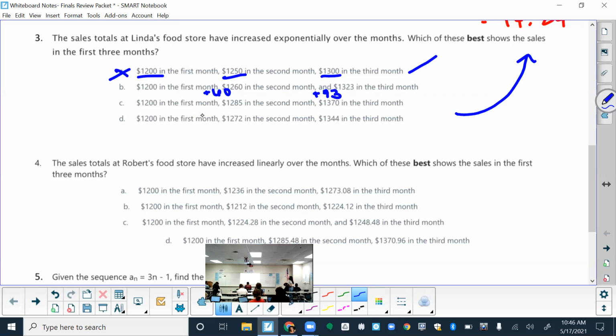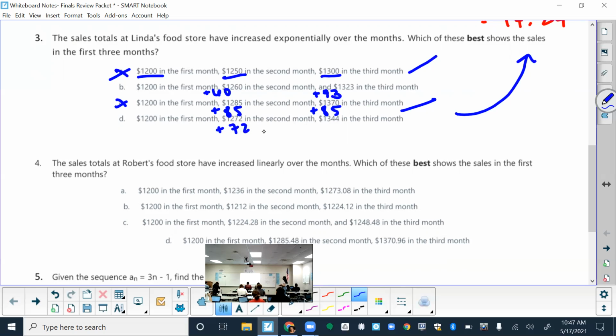What about C? It goes up by 85 and then up by 15, up by 85 again. Why is it not C? Because it's linear, it goes up at a constant rate. What about D?